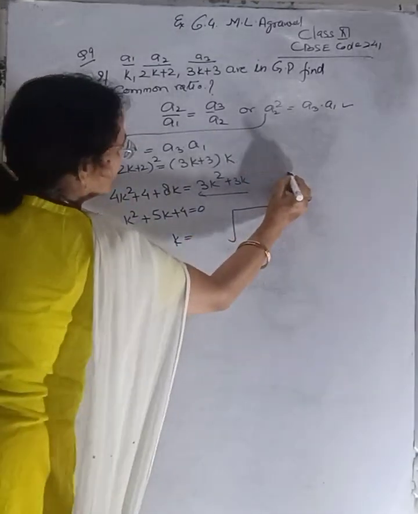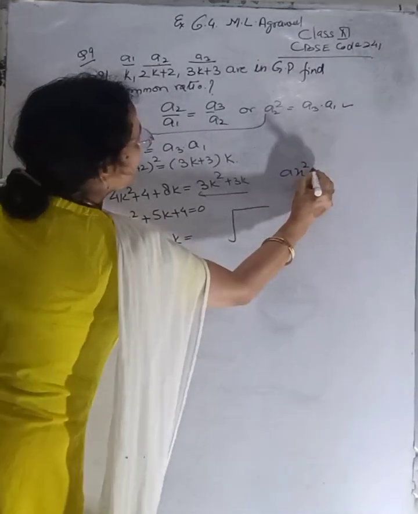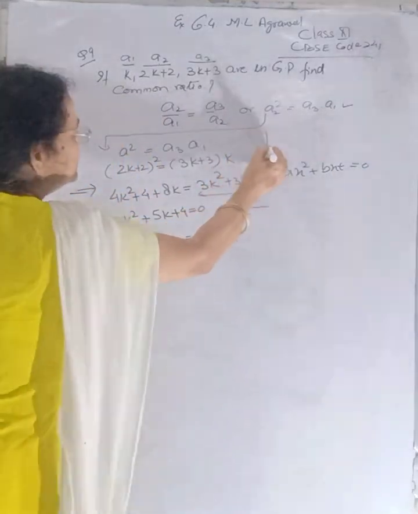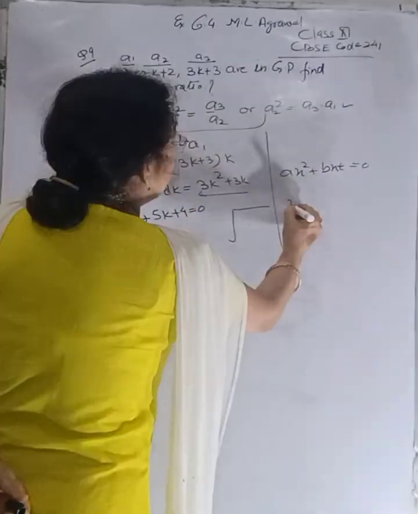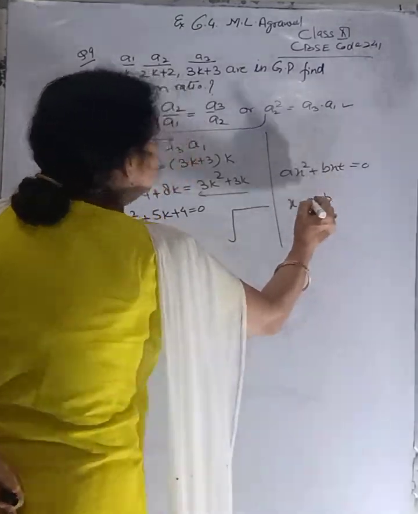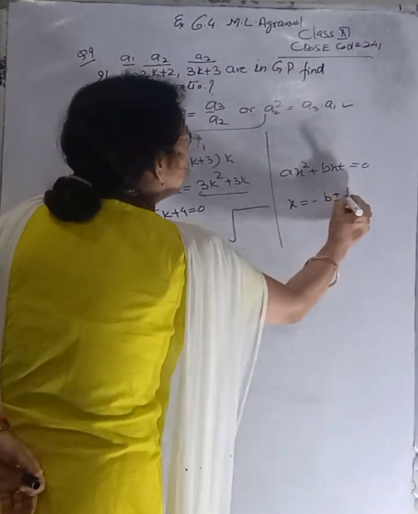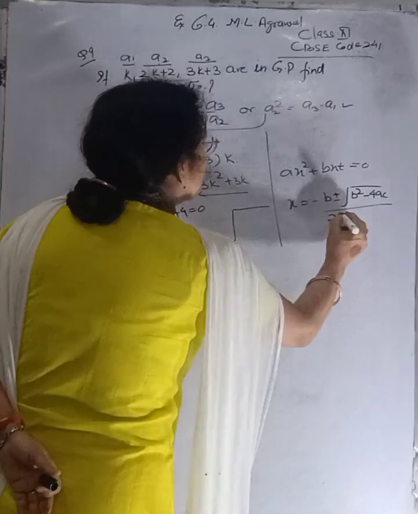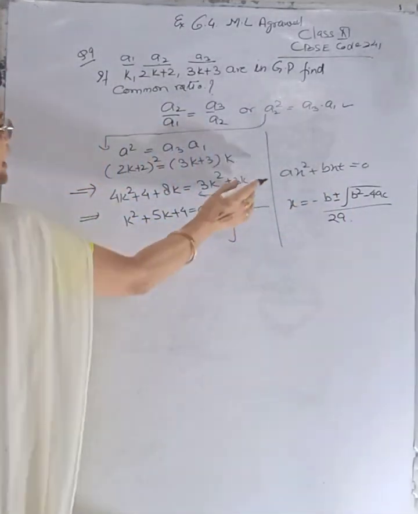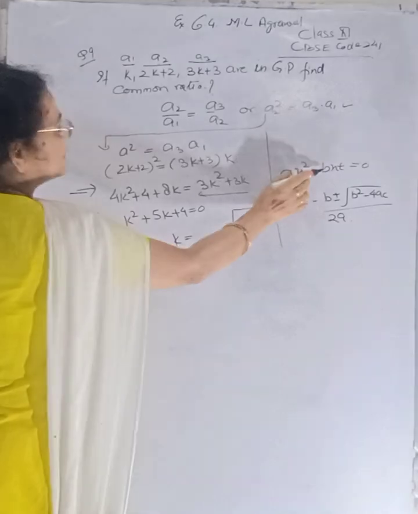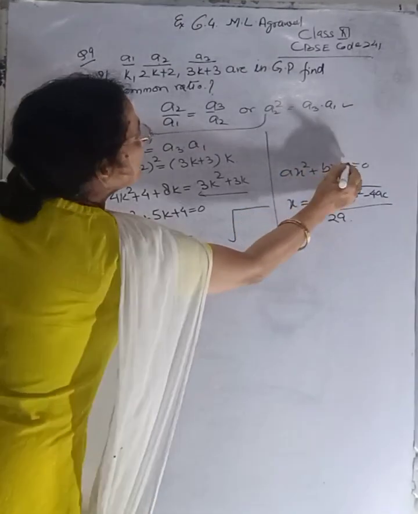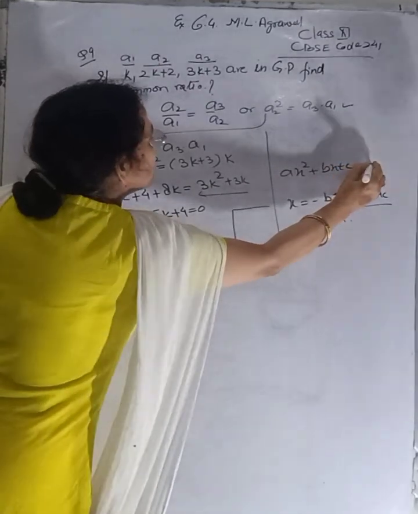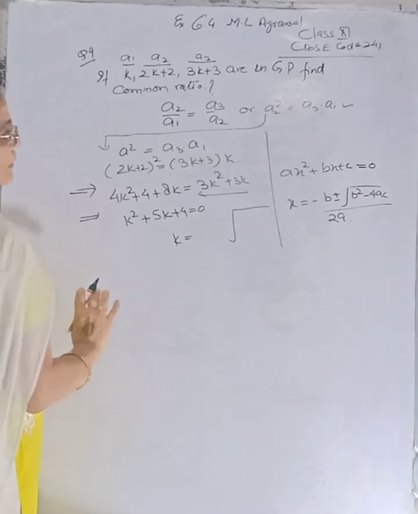As we know, if AX square plus BX plus C is equal to 0 is the equation, then the value of X will be equal to minus B plus minus root of B square minus 4AC upon 2 times A, where A is the multiple of x square, B is the multiple of x, and C is without x.